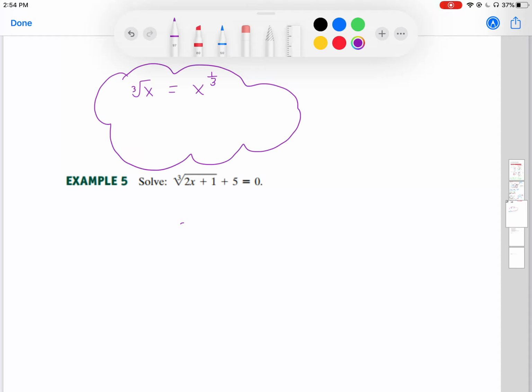If I want to undo that, what would I have to multiply it by so that I can just get x? That would be a 3/1. So that's how we get back down to x. So we can undo a cubic by raising it to the 3rd power.